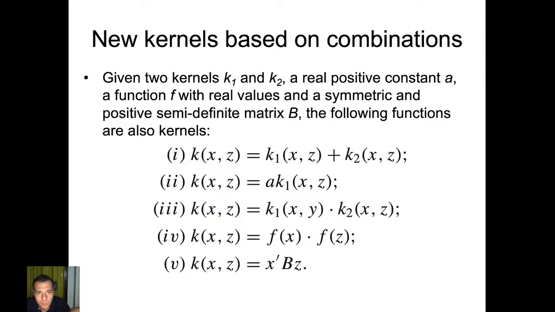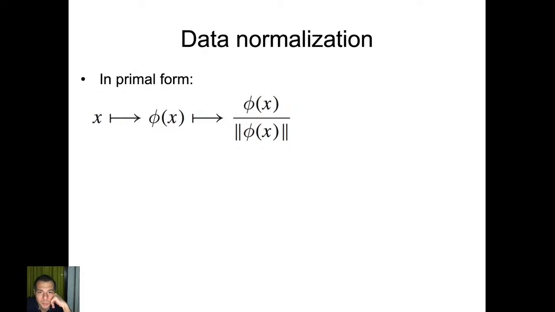And you can also use a symmetric positive semi-definite matrix that gives you the similarity between X and Z and so on. So these are different ways to compute the similarity.